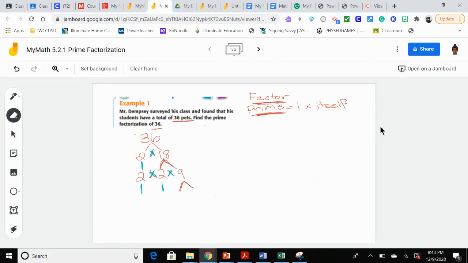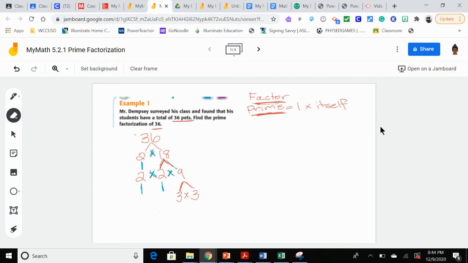So I'm going to factor the 9 into 3 times 3, because those are the only 2 numbers that you can multiply together to get 9. Okay, and I know you're thinking you can do 1, but remember 1 times anything else is the number that you multiplied it by. So that's not really decomposing it.